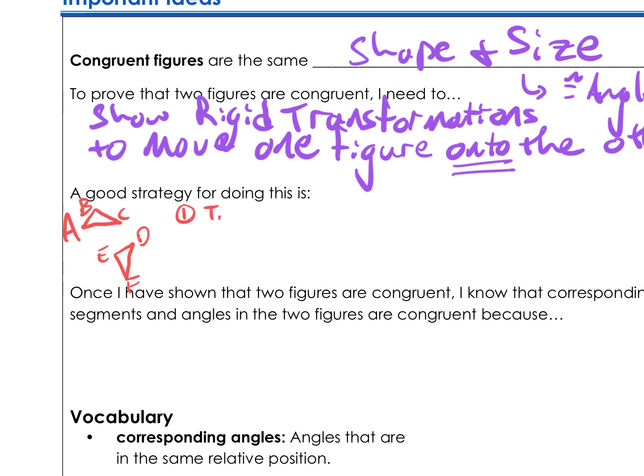First, translate the image, the pre-image, till two points coincide.